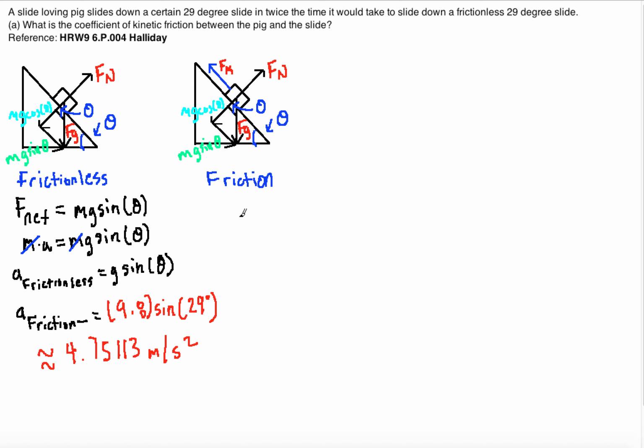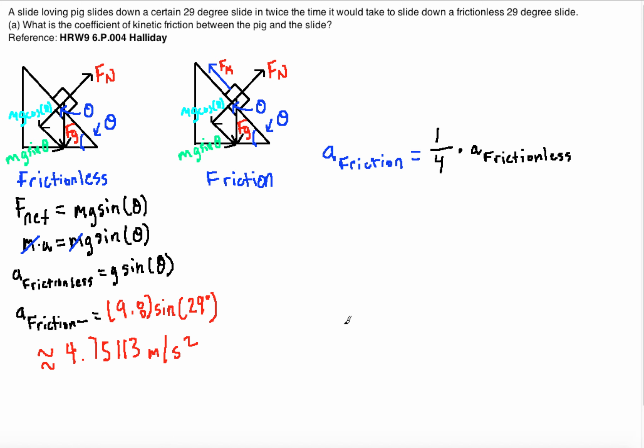So knowing this, we can relate that time to the acceleration, and what we can basically deduce is that the acceleration of the frictional system is equal to 1/4 times the acceleration of the frictionless system.